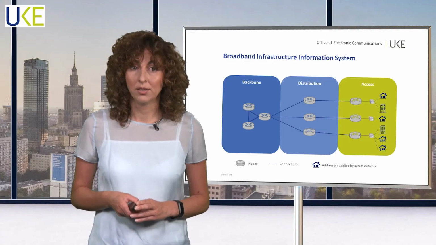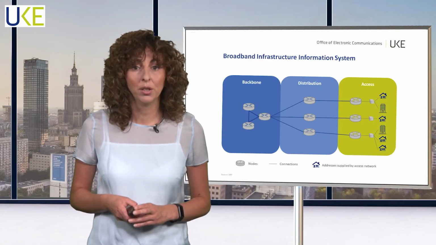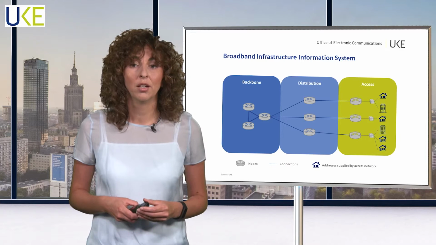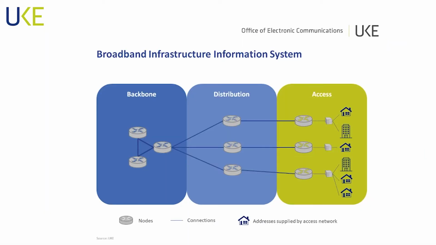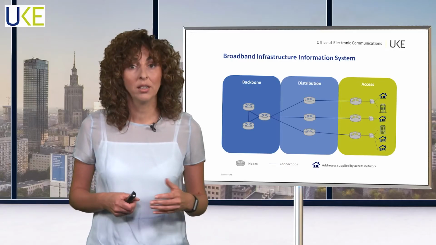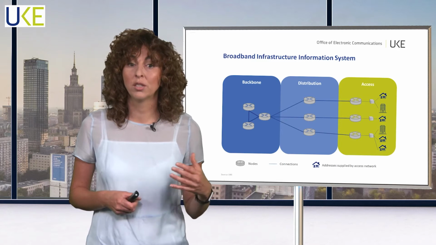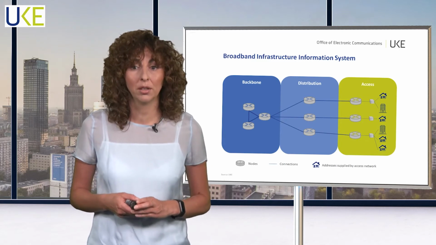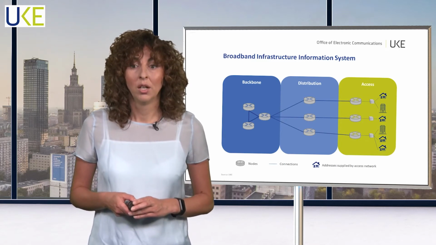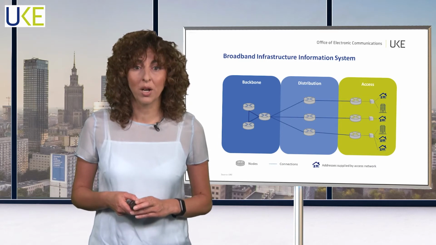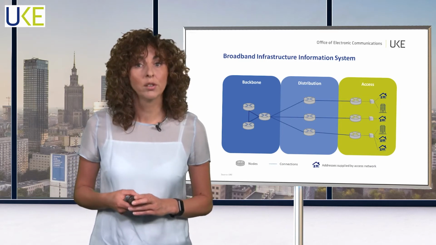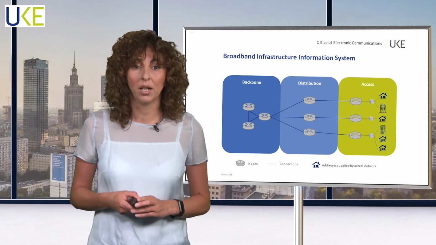A distribution network is the public telecommunication network layer connecting the backbone nodes, which aggregates traffic from end users of telecommunication access network nodes. And finally, the access network is the lowest layer of the public telecommunication network that links telecommunication traffic aggregation points to the telecommunication terminal equipment.